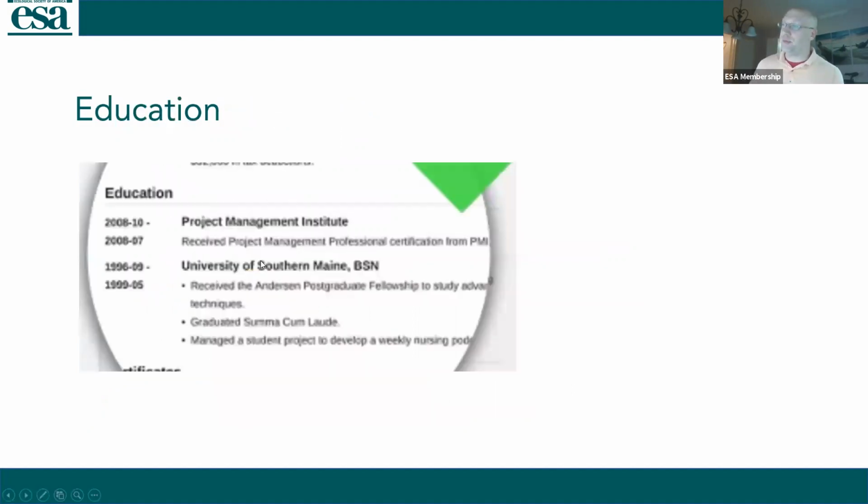For the education, and I pre-apologize for using a very pixelated graphic here, the education section is similar in that you want to show people where your expertise came from. But unless the education and the projects that pertain to that expertise really matter to the job at hand, this doesn't need to be as detailed as the employment history.